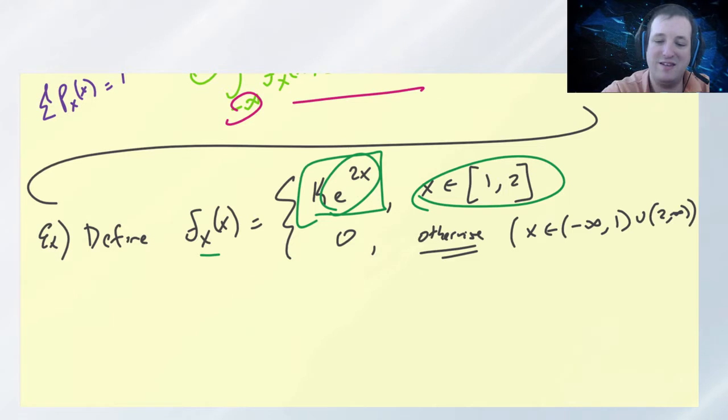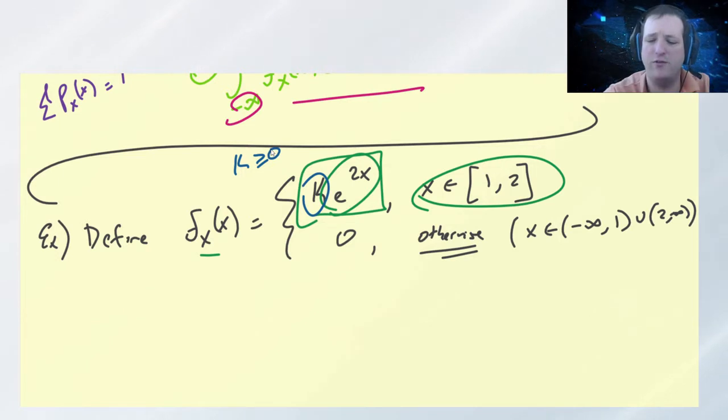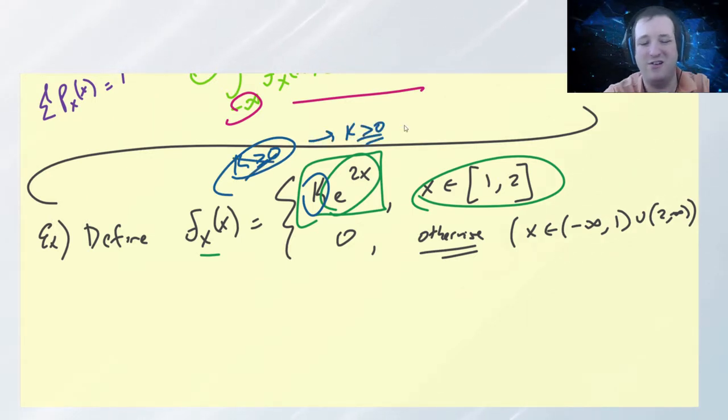So we clearly see that k must be a positive number in order for this to be a probability density function. Clearly k cannot be equal to 0, else the function is always equal to 0, so the integral under it is impossible to be 1. Therefore k must be strictly greater than 0 for us to even possibly make this a probability density function, right?